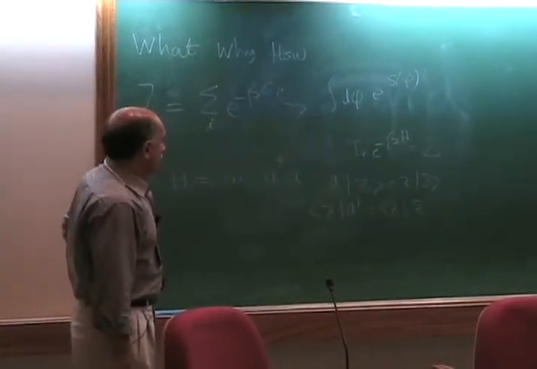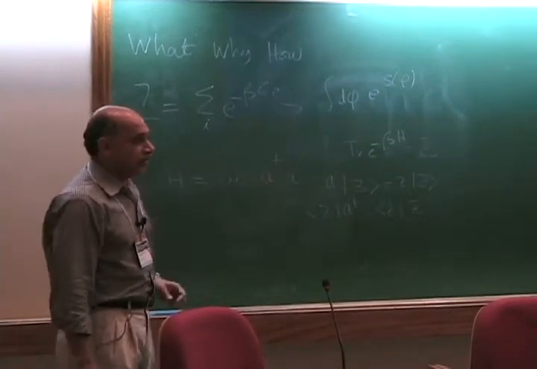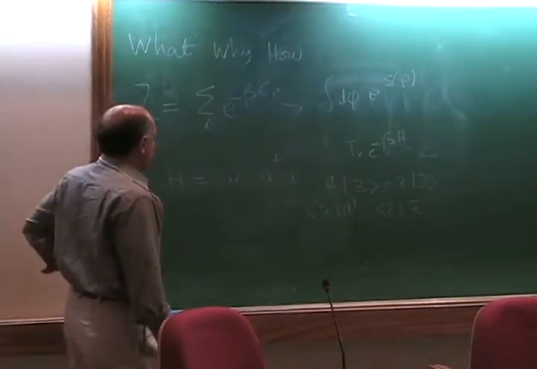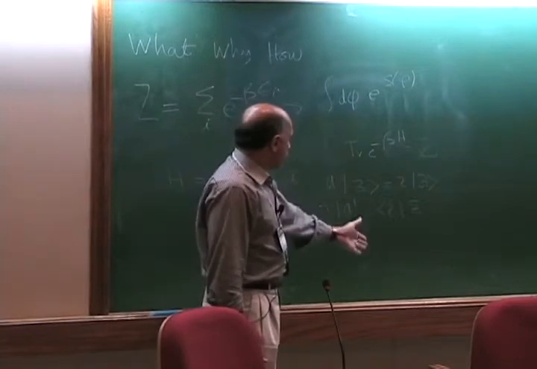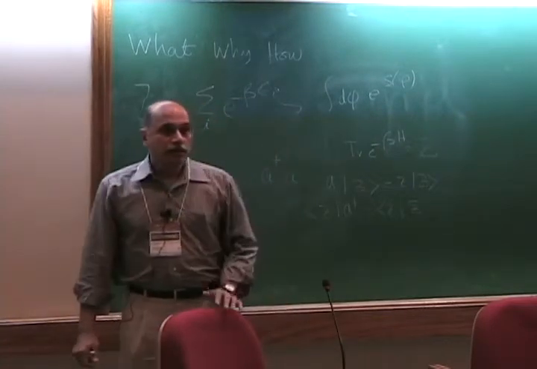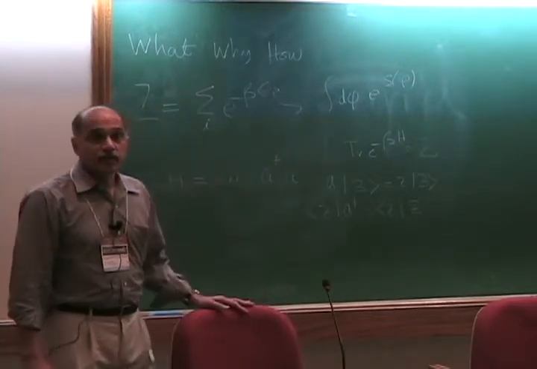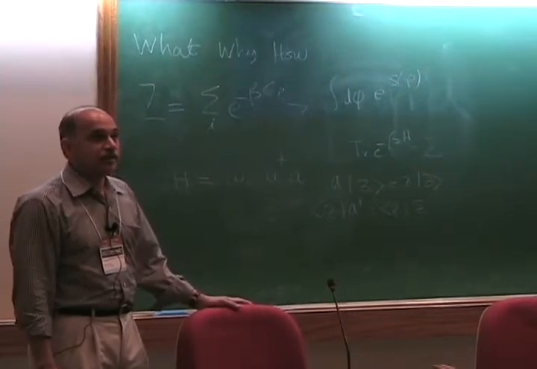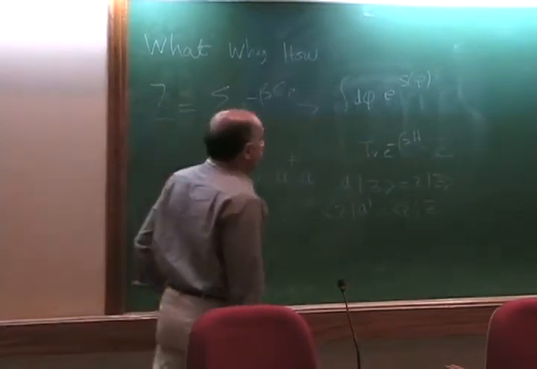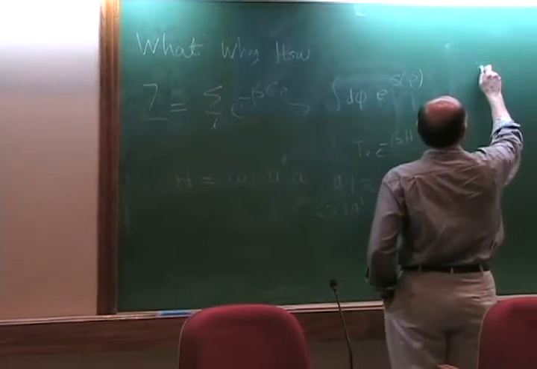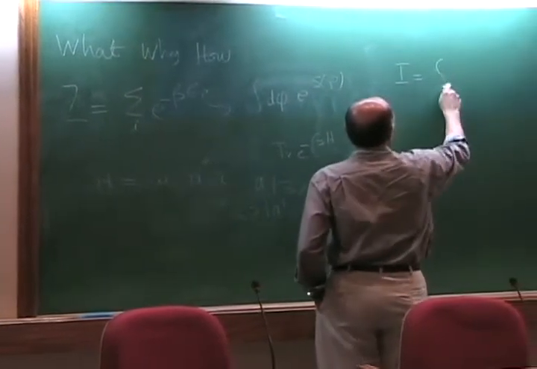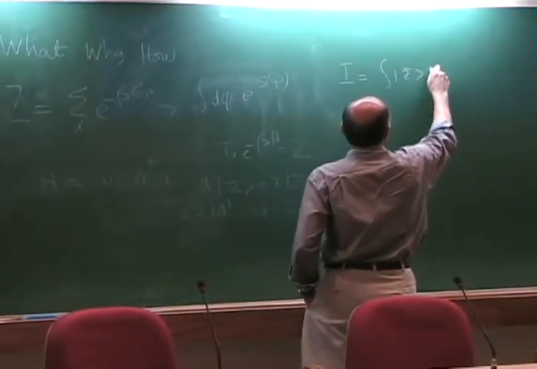Now, I won't go into how you can do this. This is pretty standard in quantum mechanics. Now, these states, Z, are a continuous set of states, unlike the oscillator states, which are labeled by an integer n. And the formula for resolving the identity looks like this.